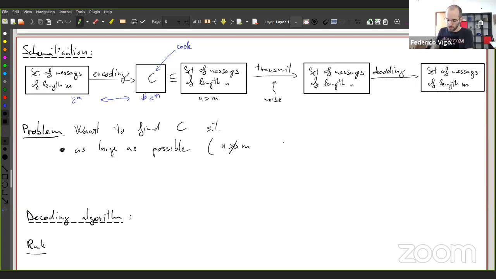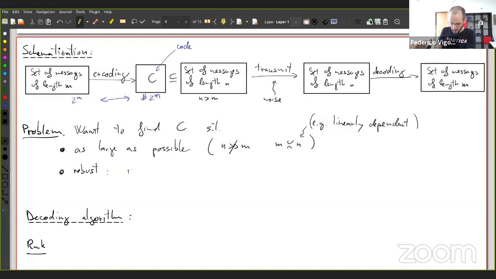For example, a good thing could be to have that m and n are linearly dependent. So we want to have a large set C so that when we send the transmission, we can send relatively few extra bits. And then we want it to be robust. So we want that it takes many errors to corrupt the message.